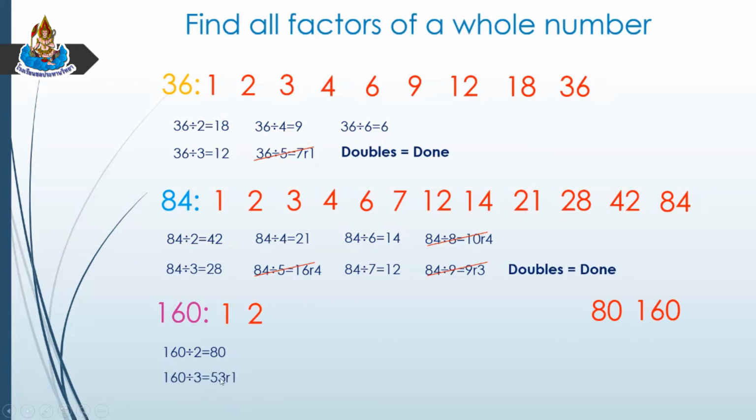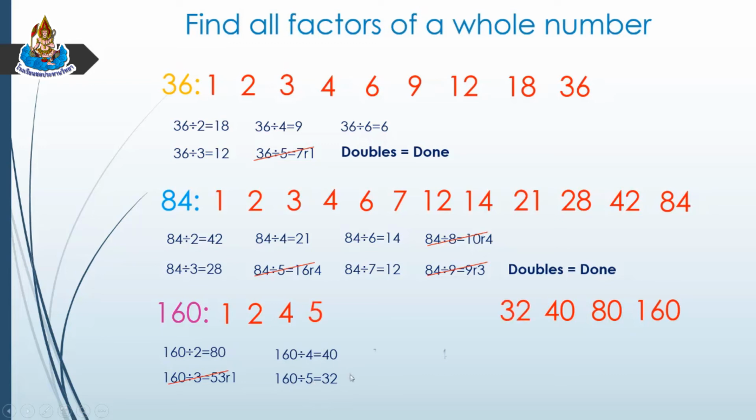No, we've got the remainder, so let's cross it. 4. 160 is divisible by 4, so another two factors, 4 and 40. 5. 5 gives us the quotient 32, so we got another two factors, 5 and 32.